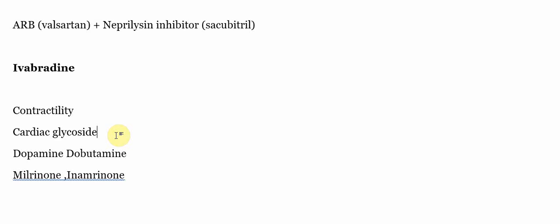So, very important things. As far as the toxicity is concerned, if a patient is on digoxin and they suddenly complain of nausea and vomiting and diarrhea, don't take that lightly. Don't say that these are just normal side effects which we encounter with a lot of drugs, because when these are encountered with digoxin, that is a bad sign. The reason for that is that digoxin has a very narrow therapeutic index, so it's very easy to cross into the toxic range.